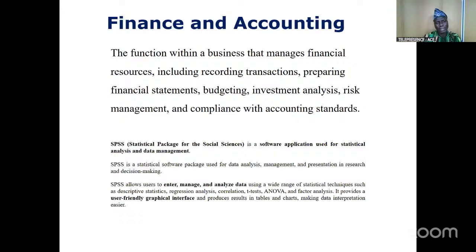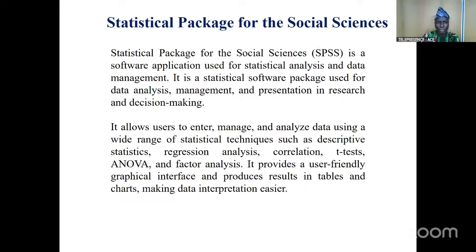There is a special package that is used that we call Statistical Package for Social Scientists. It's a software application used for statistical analysis and data management. It's a statistical software package used for data analysis, management, and presentation in research and decision making.